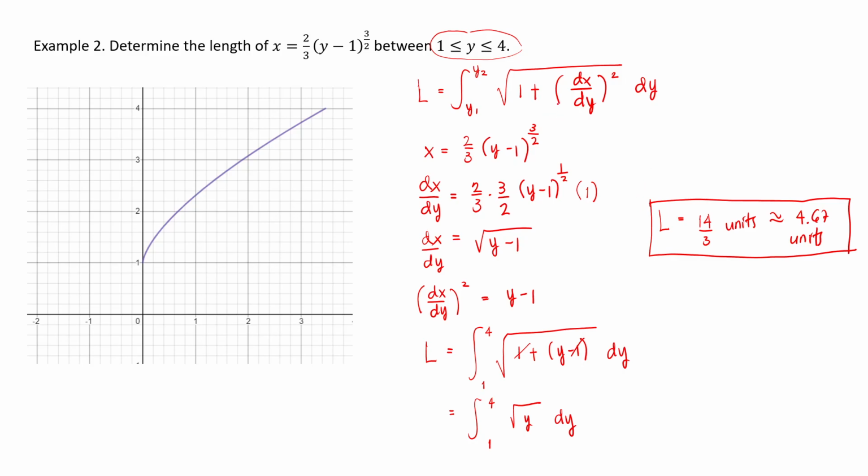Okay, so if you're not comfortable with using the y version of the formula, you can always use the x format of the equation. But take note that since you are given the limits of integration in terms of y, you still need to look for the boundaries of the arc length in terms of the x range.